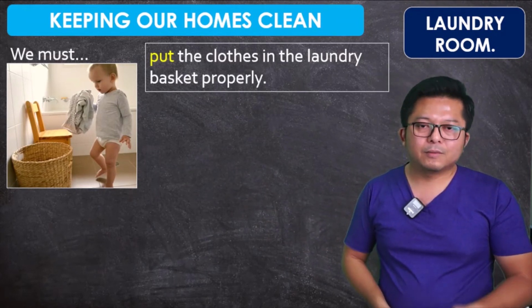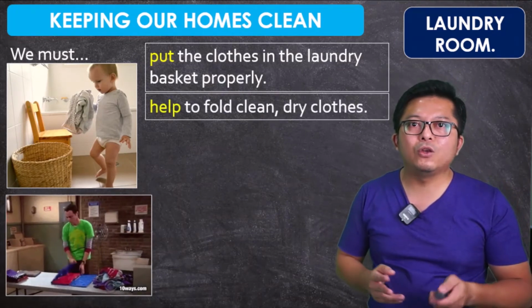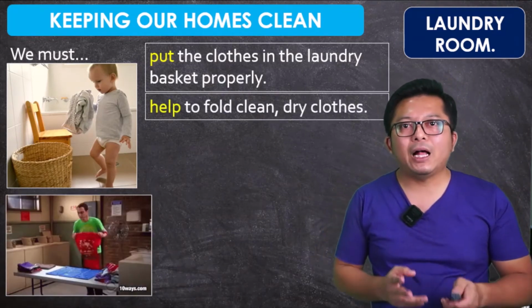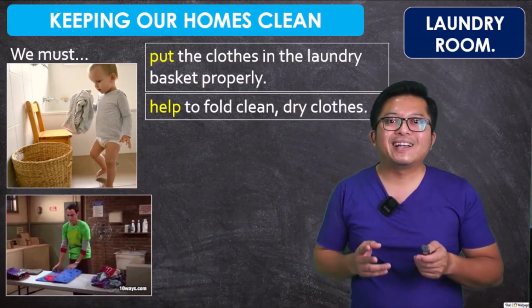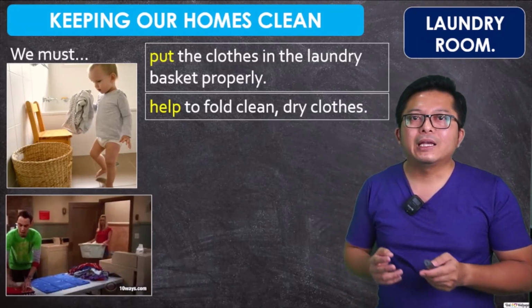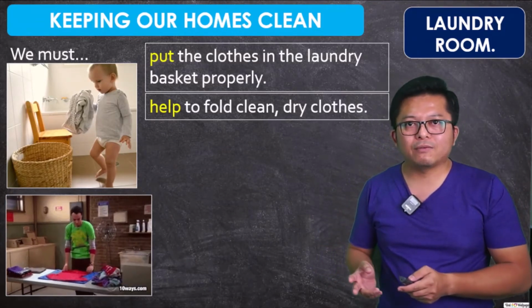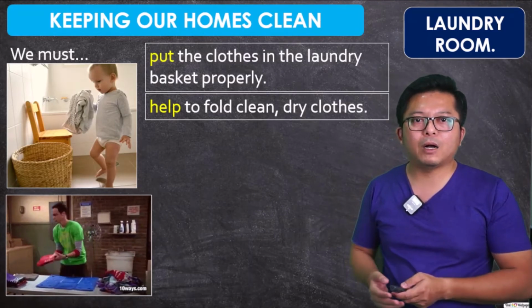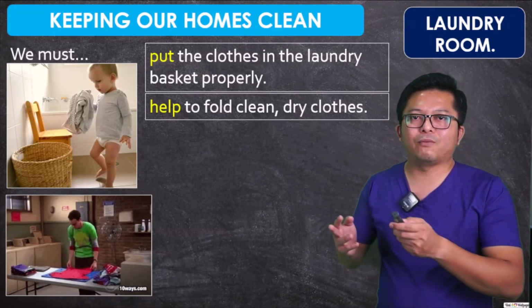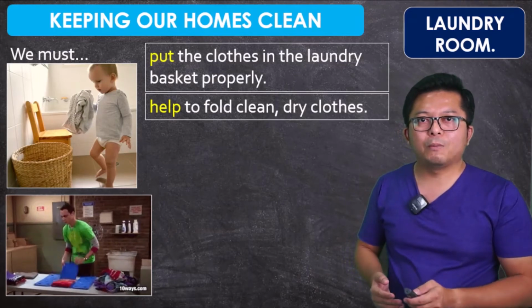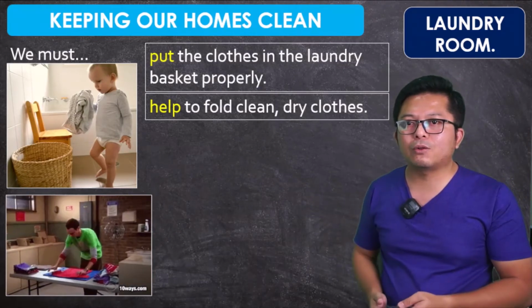Okay? Next, we must help our mother. We must help mother to fold clean, dry clothes. Of course, we can learn to help our mother. Your mother has washed the clothes. Your mother has hung the clothes to dry.